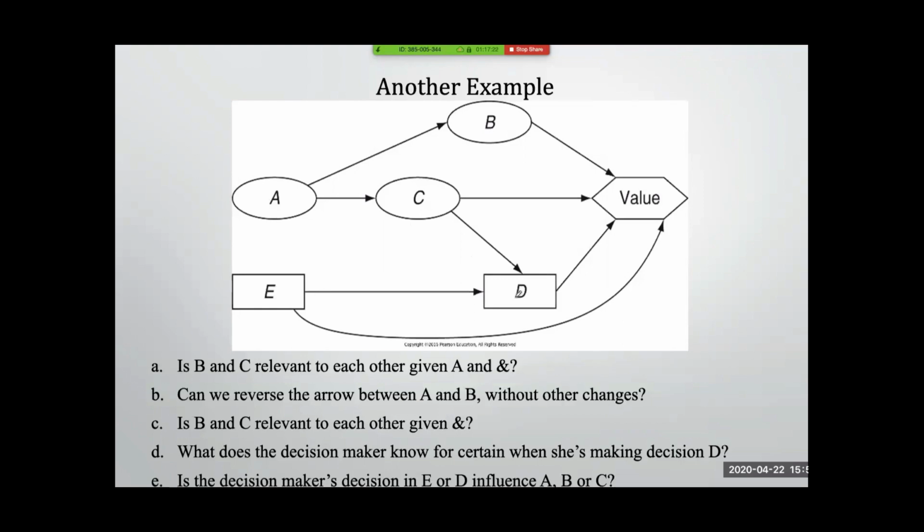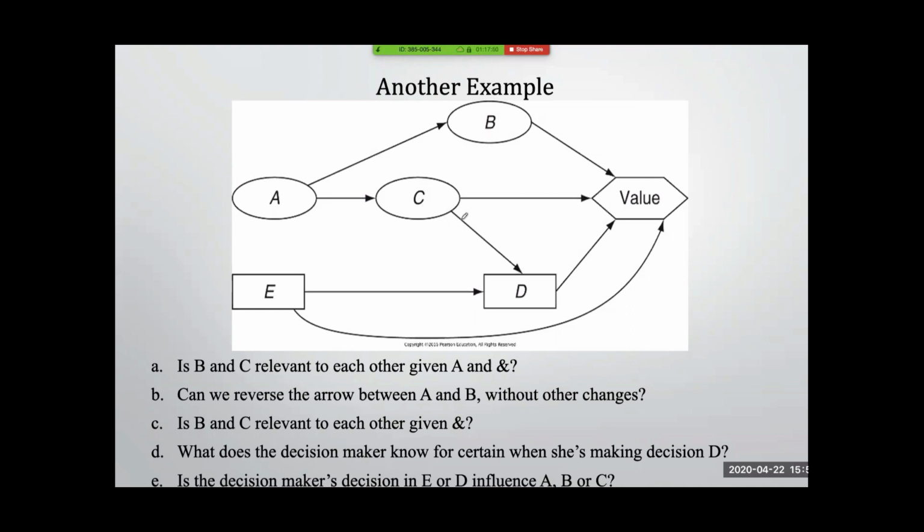How about D? D is not sending an arrow to A. D is not influencing A. D is not sending an arrow to C. So D is not influencing C. D is not sending an arrow to B. So D is not influencing B. Here, there is an arrow between C and D. However, the direction of the arrow matters in terms of the interpretation.